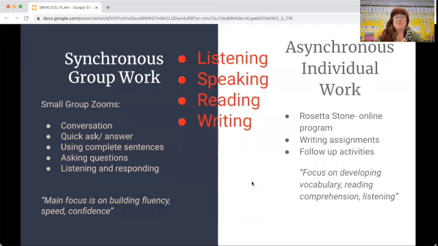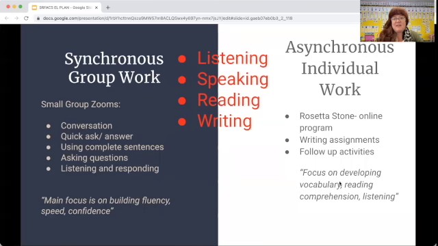They might receive an assignment, talk about it in the group Zoom, but then they work on it on their own. And the focus is a lot on developing vocabulary, reading comprehension, and listening in terms of understanding the main idea and understanding components of a dialogue.